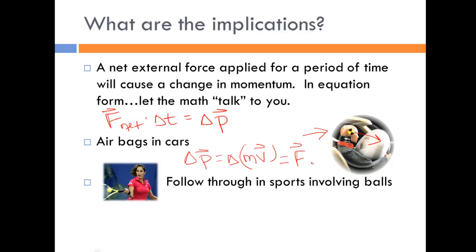And that's going to be accomplished through the application of a force for a certain period of time. Well, if this quantity is constant, in other words, you're not really losing mass and you've got a given change in velocity, then you could accomplish that one of two ways. You could either have a very large force and a very short time.